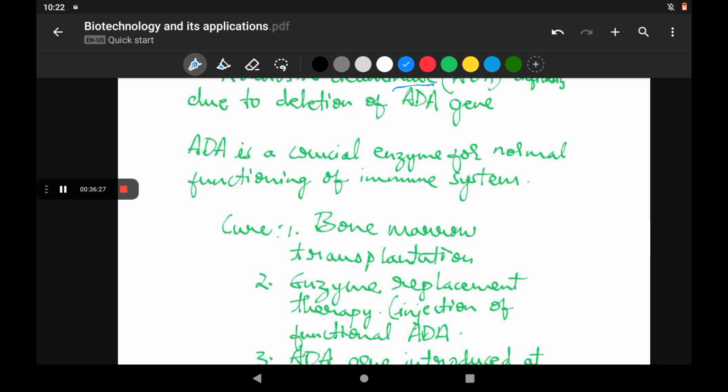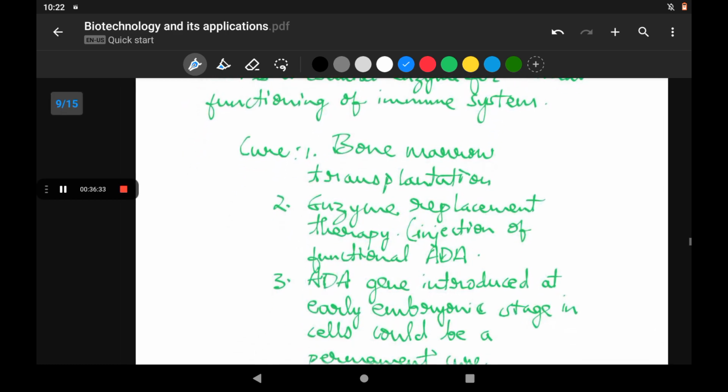That is why they go for bone marrow transplantation. Or it can be enzyme replacement therapy, that is the injection of functional ADA into the patient. Bone marrow transplantation and enzyme replacement therapy are all temporary and not permanent.